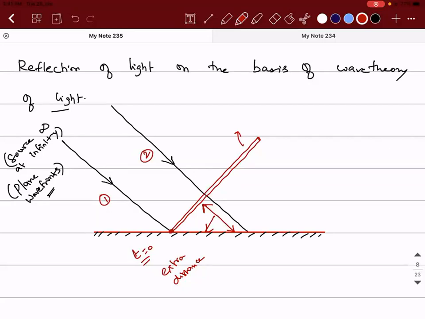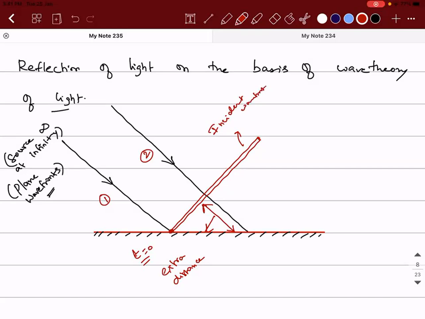If I start the stopwatch at that instant, the second ray is definitely going to take a few more milliseconds, or whatever it is, compared to the time taken by the first ray to hit. In that time, the first ray would have started building an incident wavefront.